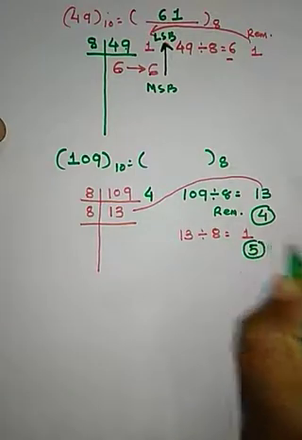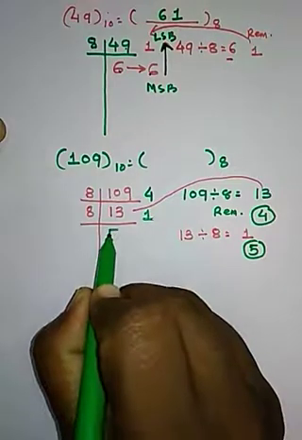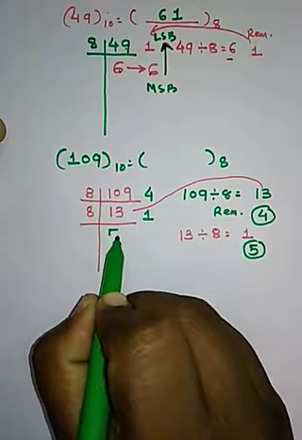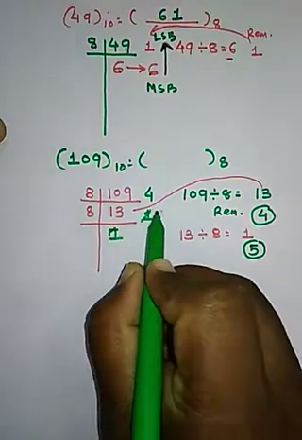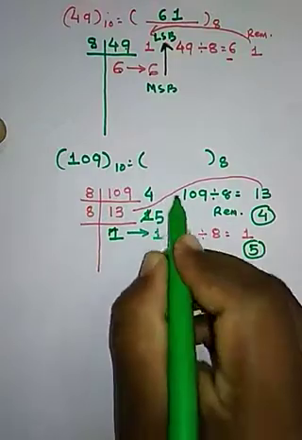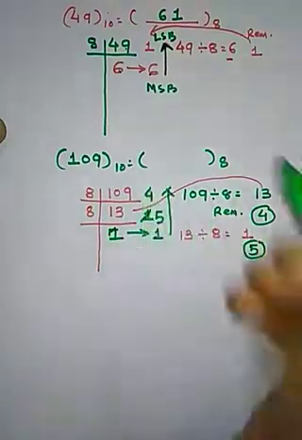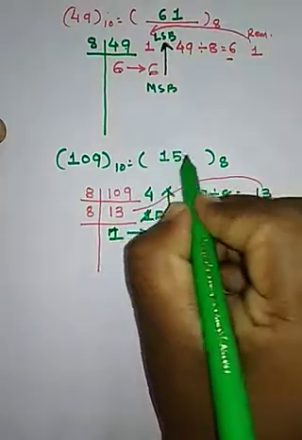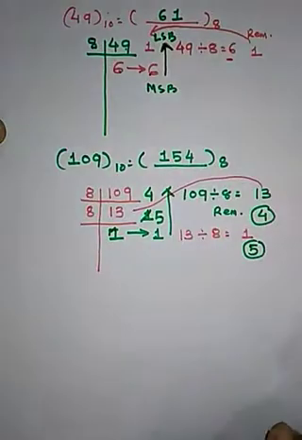Okay, so here is a 1, here is a 5. This 5 is taken out. Okay, so what is the answer? 154. So the 109 number is given. Its octal is a 154.